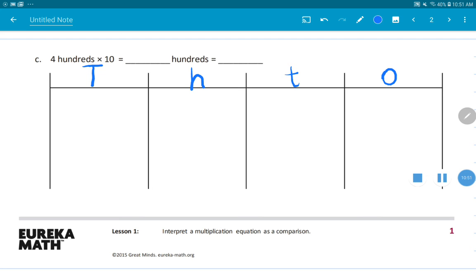All right, so 400 times 10. How did you start that, Ansley? Well, I drew four hundreds and then I made groups of 10. Okay, so in your hundreds place value, you started with 4. And then you said you made groups of 10. How many groups of 10 will you have? 4 groups of 10.